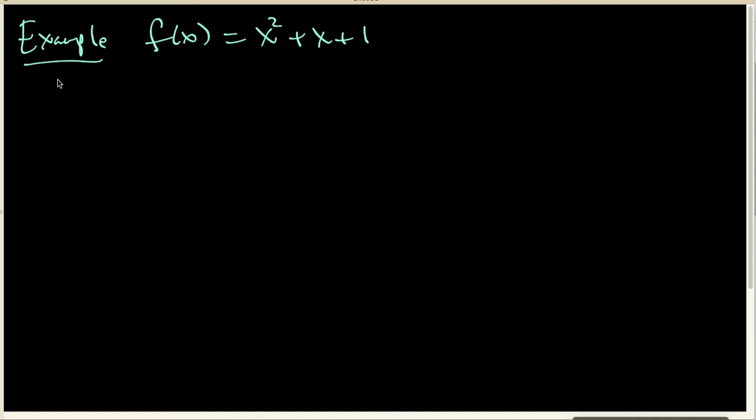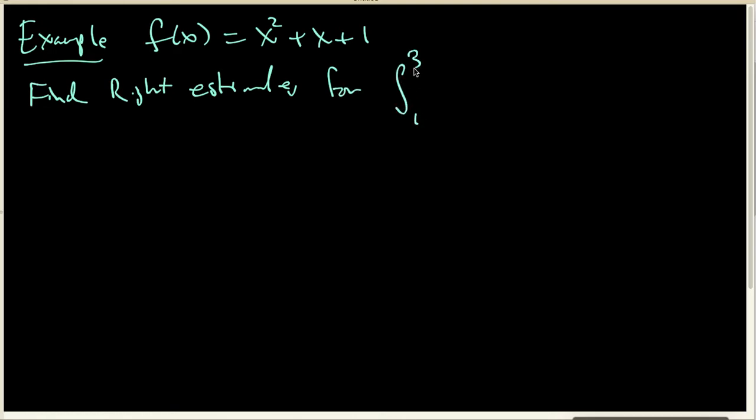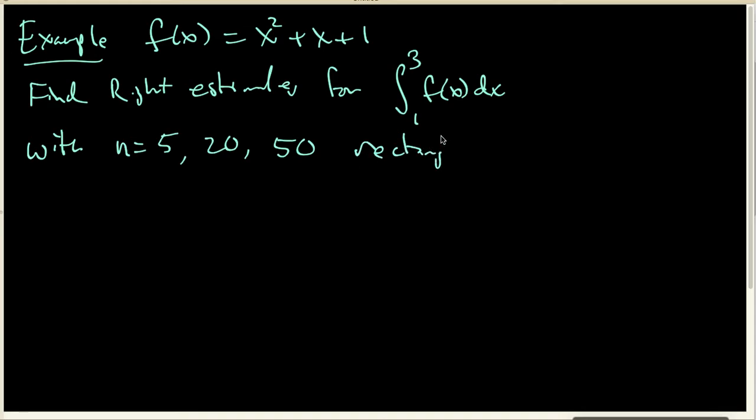And I want to find right-hand estimates for the integral between 1 and 3 of f of x dx. And let's say I would like to have n equal to 5, 20, and 50 rectangles. So I want 5 right rectangles, 20 right rectangles, and 50 right rectangles.